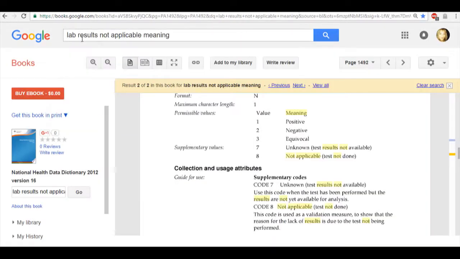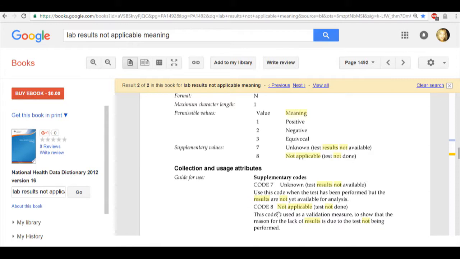Now, as I said yesterday, I looked up "lab results not applicable meaning," and I found here the National Health Data Dictionary, which applies till today, that non-applicable means right here, and this is on page 1492 of this book of the National Health Data Dictionary, and it means test not done.